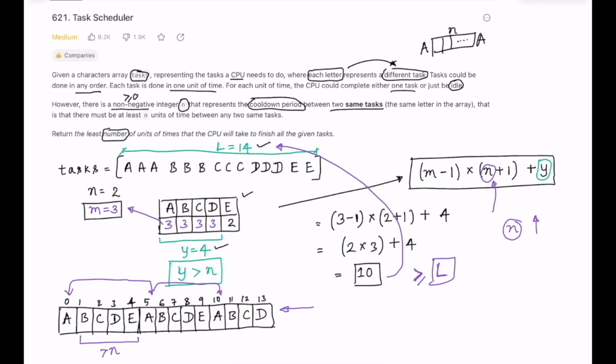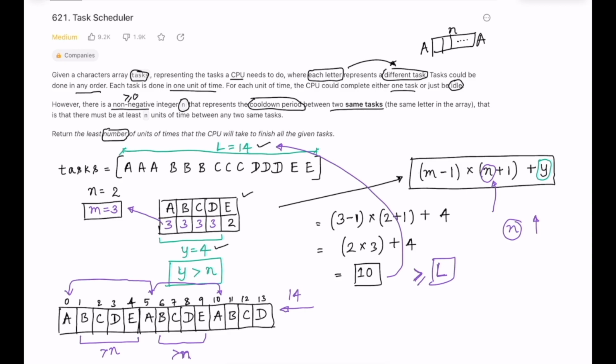So the gap between A is greater than n. So this is the best order we can execute these tasks in with the least units of time. And as you can tell, the length of the order, or the number of units of time needed to execute this order, is 14.